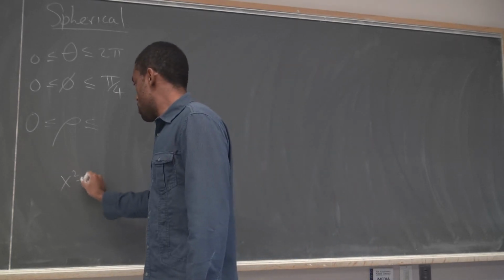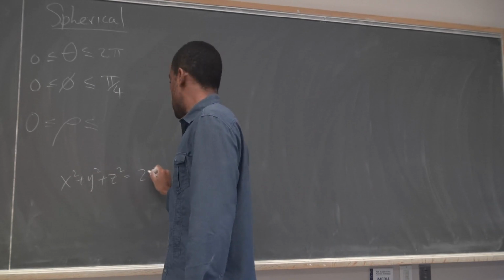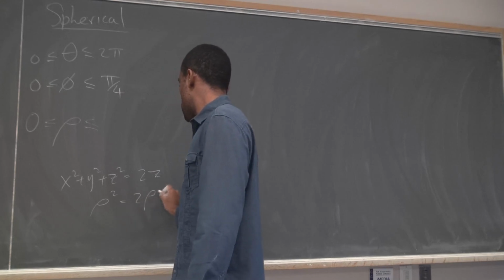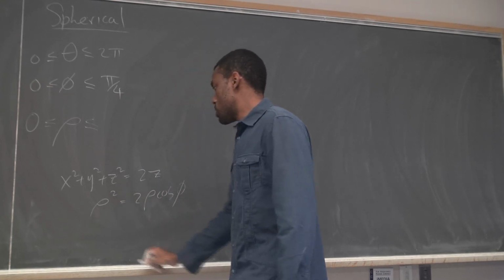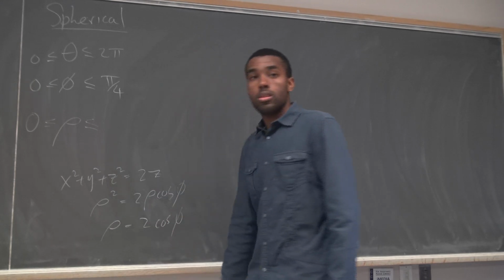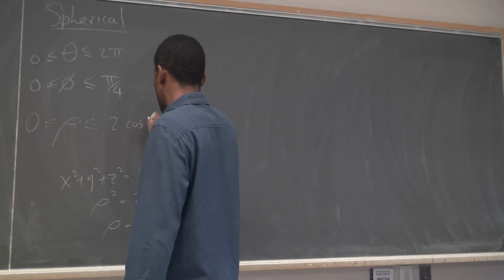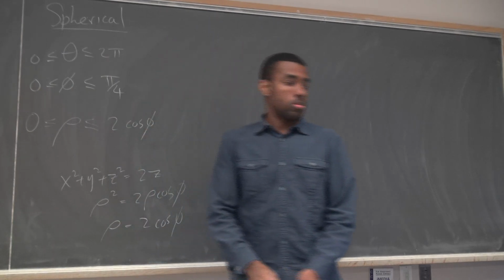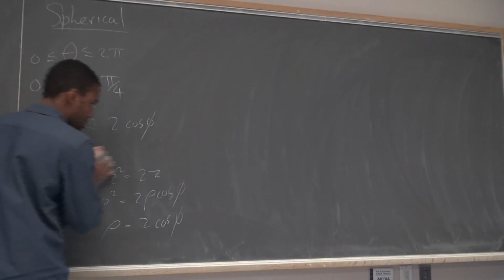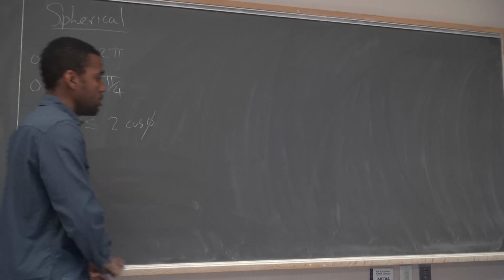We know that x squared plus y squared plus z squared equals 2z, which means rho squared is equal to 2 rho cosine phi, so rho is 2 cosine phi. So my rho goes from 0 up to 2 cosine phi. Those are my limits.